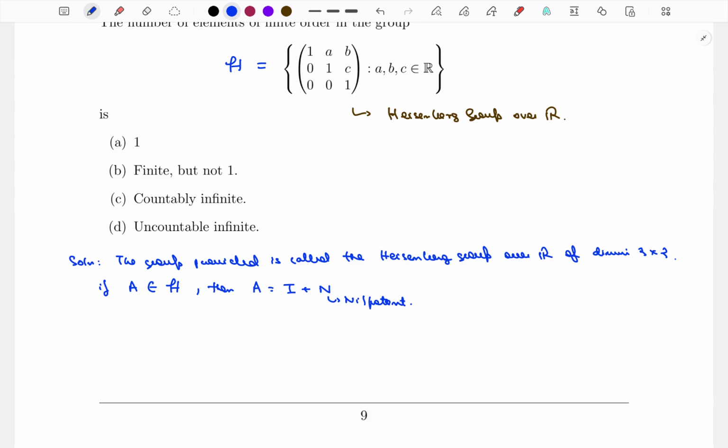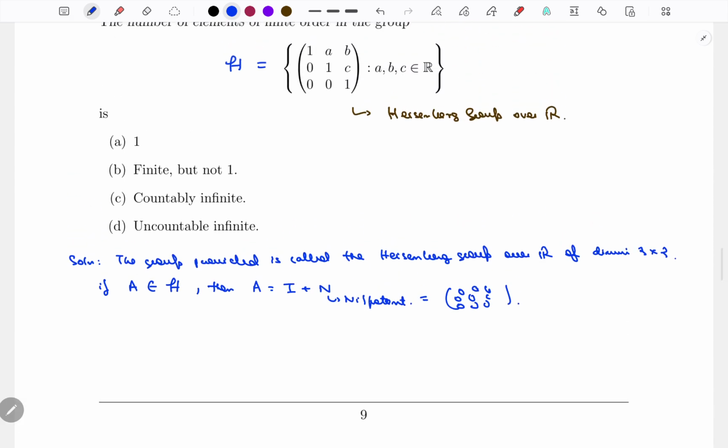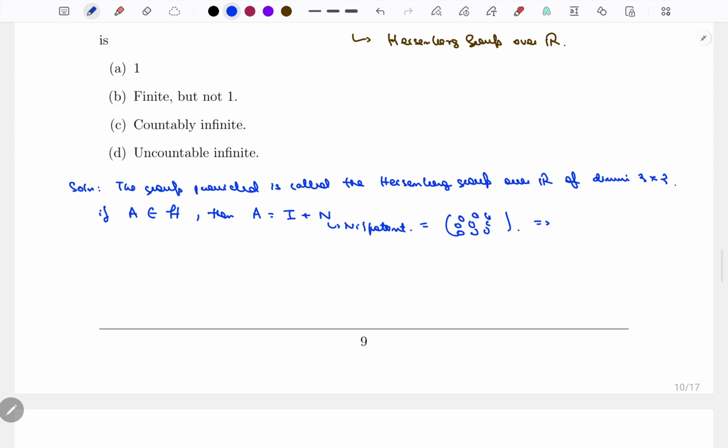So what do I have here as N? This is nothing but 0, 0, 0, a, b, c, and here you have 0, 0, 0. So this would obviously mean that N cubed is equal to 0.